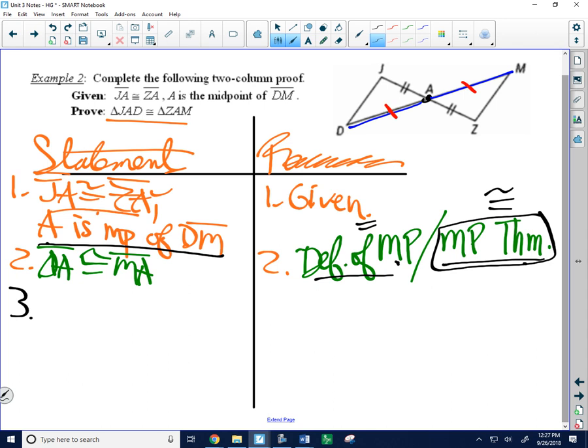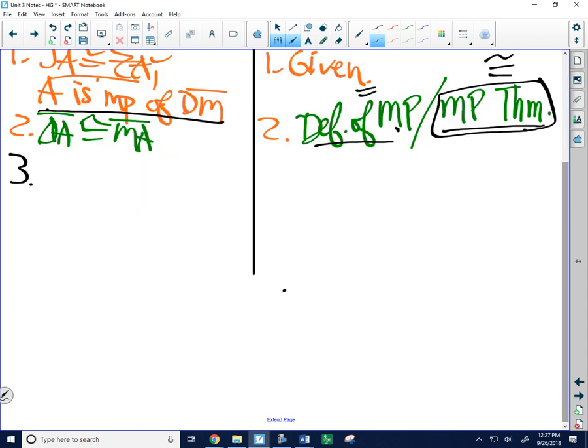I mentioned it a few minutes ago. If you have bow tie triangles, which we do, vertical angles, every time. The reason is vertical angles theorem. You can just identify if they're bow tie, you're going to do vertical.